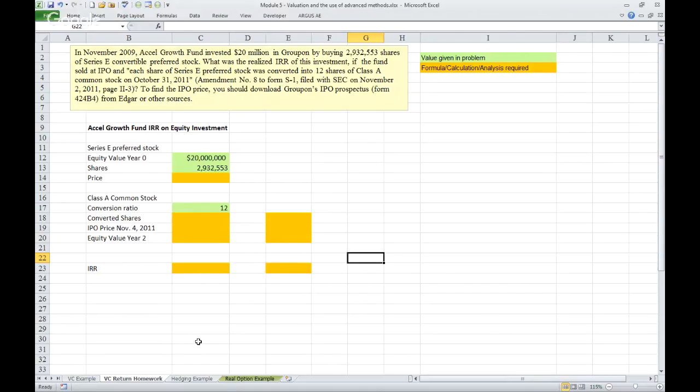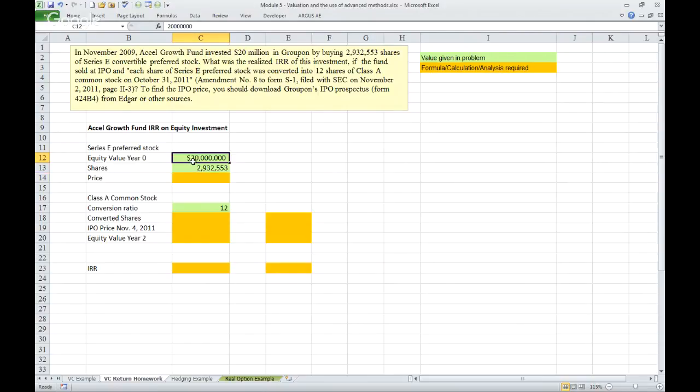So it's a relatively easy homework once you find the correct IPO price and correctly identify into how many shares you converted your preferred shares. And obviously the initial price, that's easy to calculate.